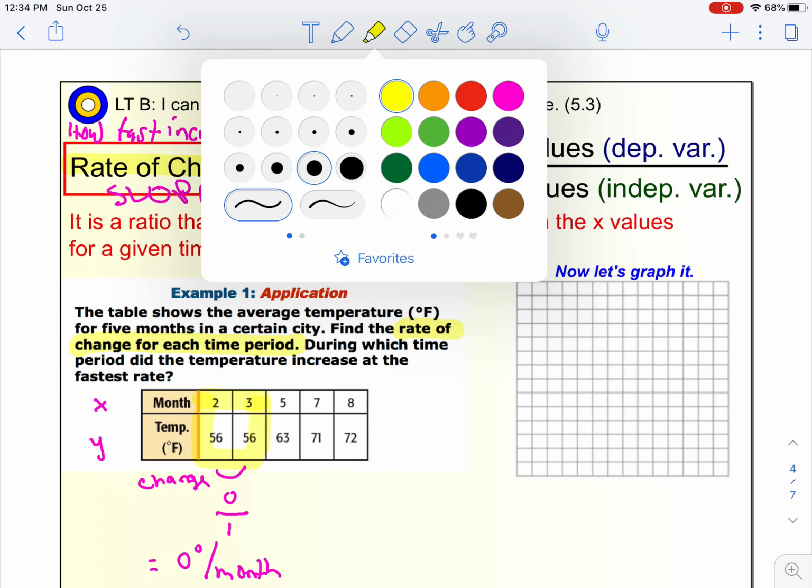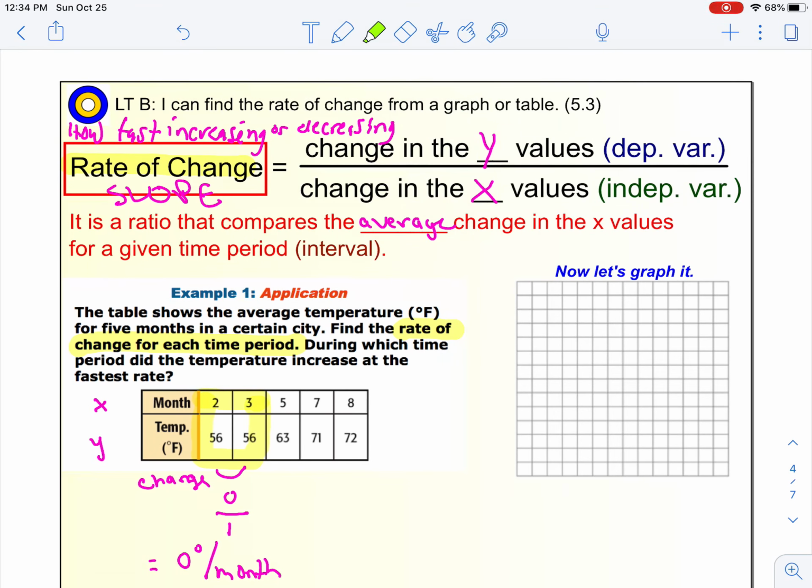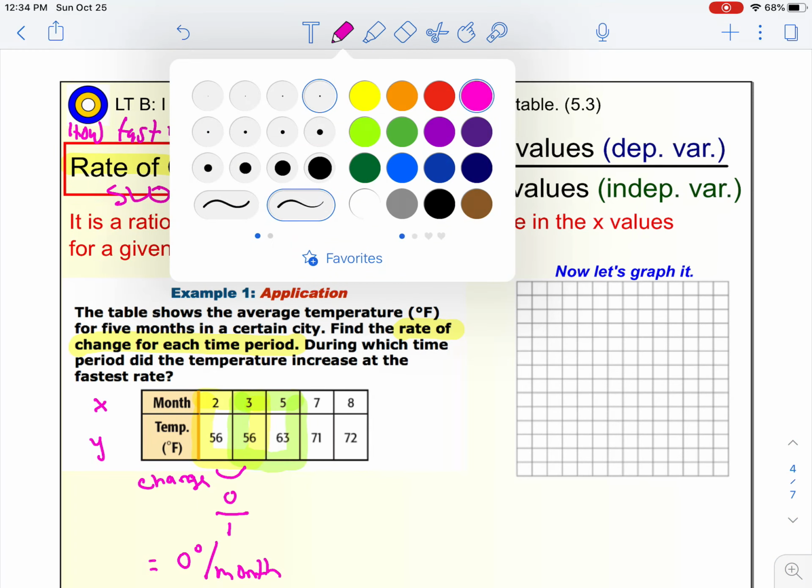Let's look at the next time period. The next time period would be from 3 months to 5 months, right here. So now I'm going to not block that all in like that. Hard to see. So now we're looking at this time period. Let's look at how much did it change?